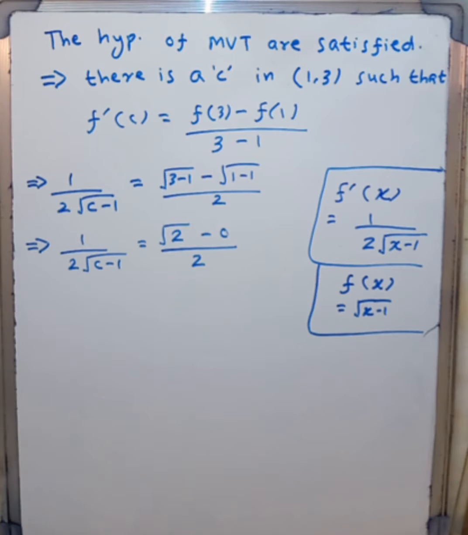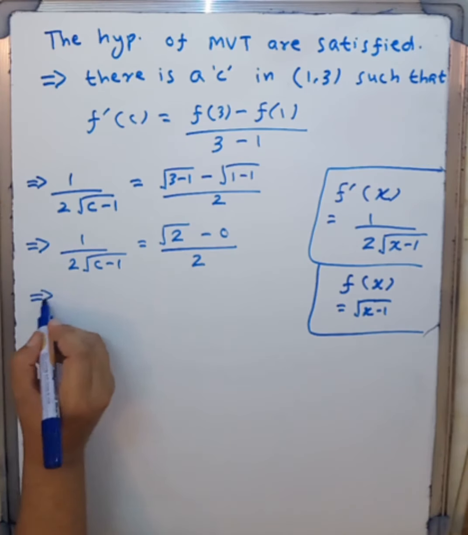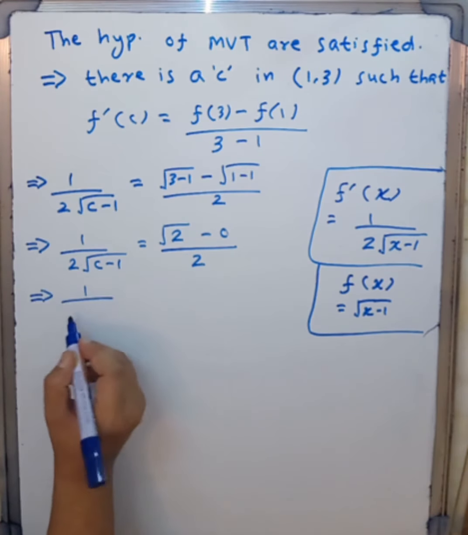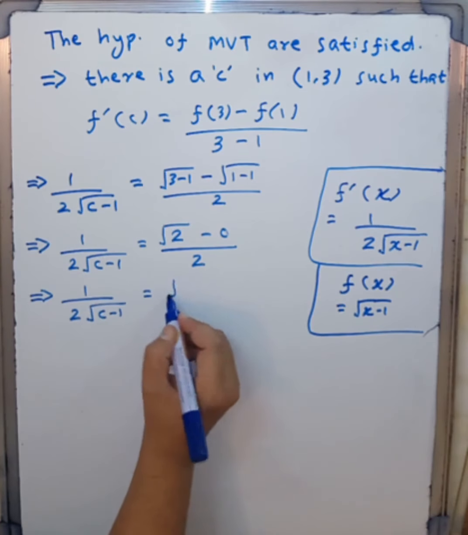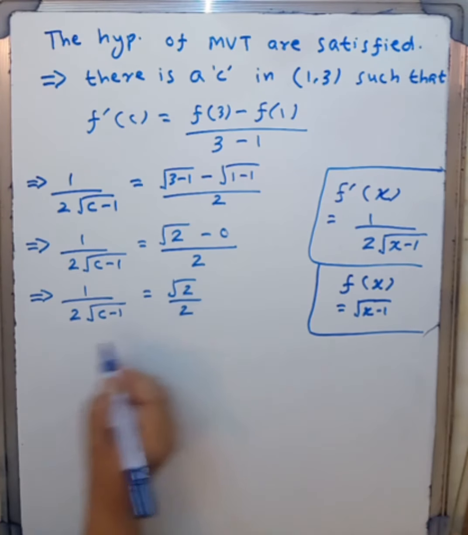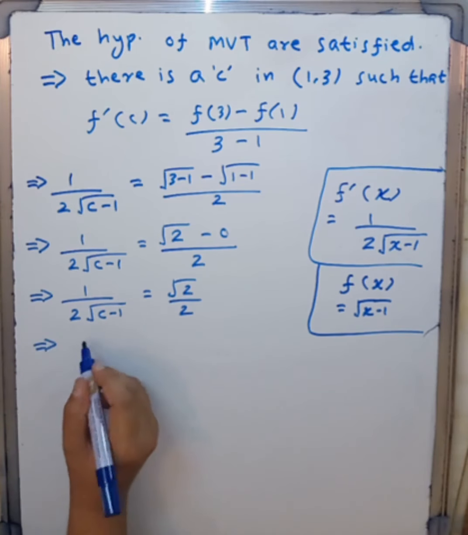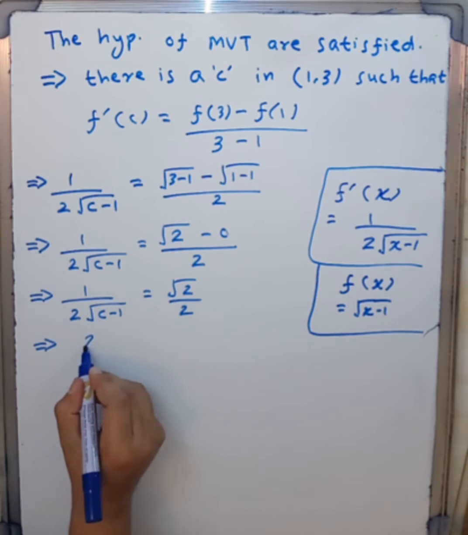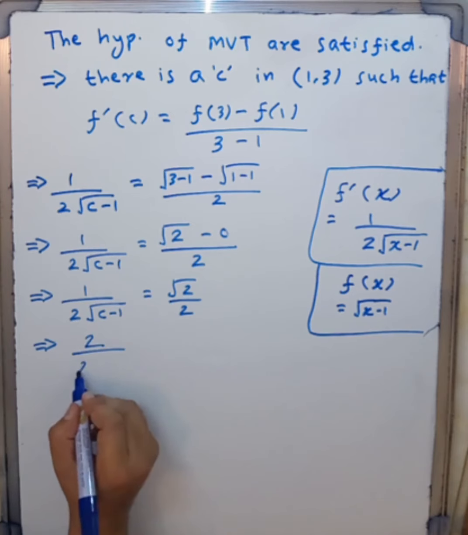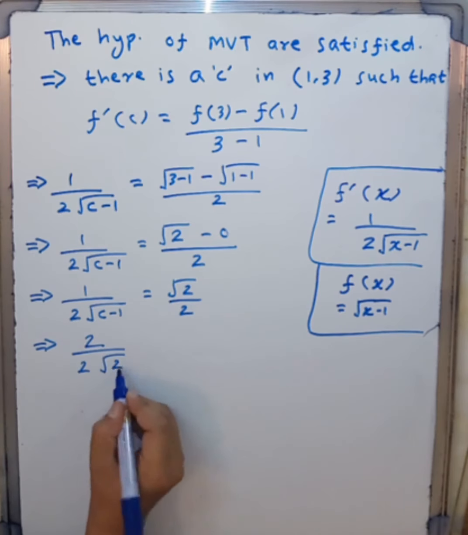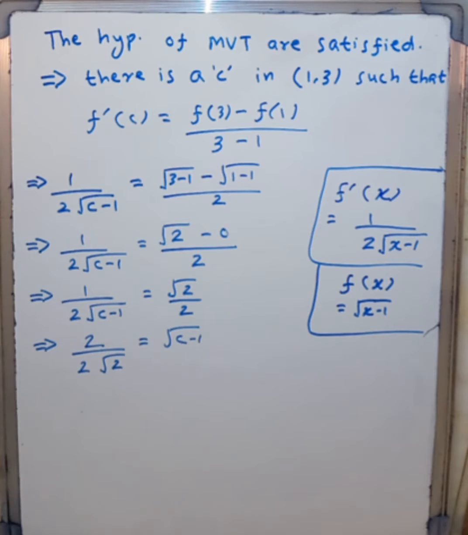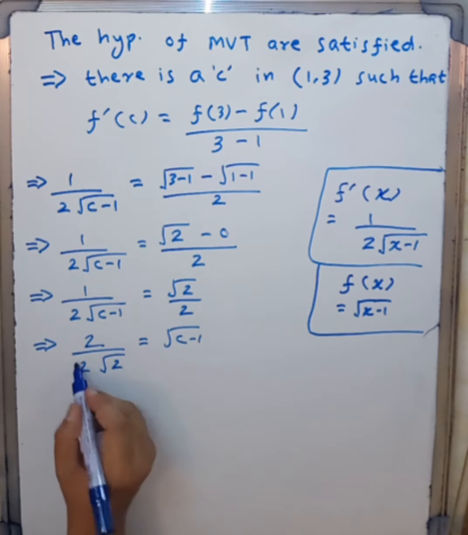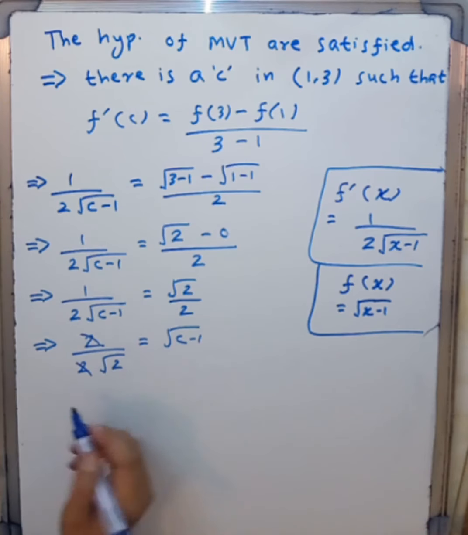Now let us cross multiply. 2 cancels with 2.